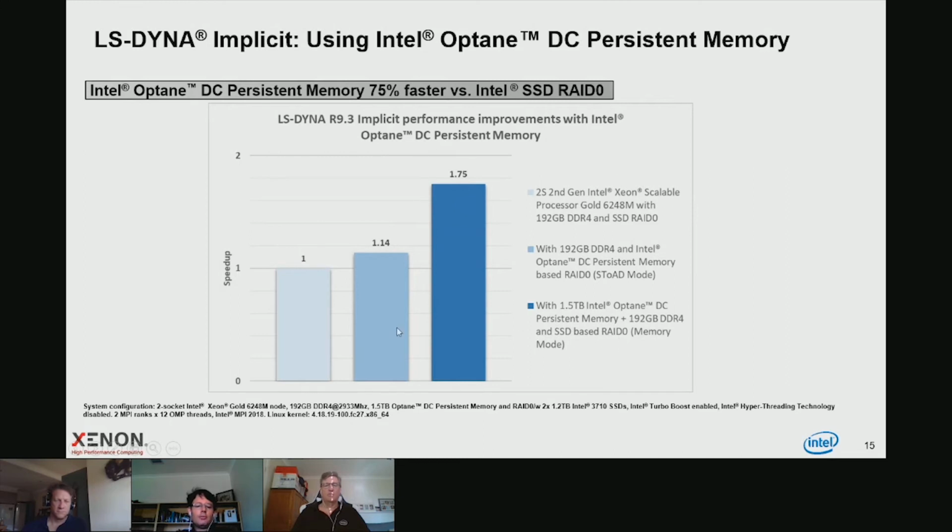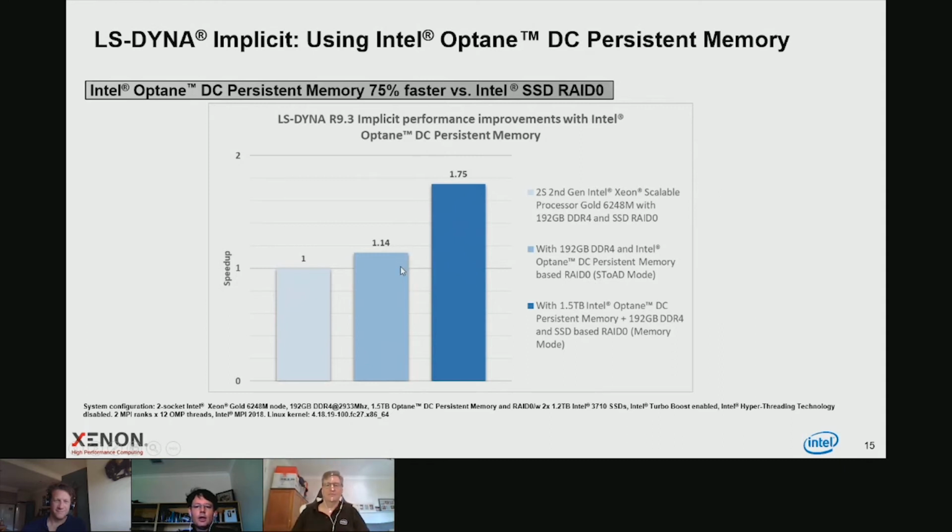And here, without going into the details of the simulation and the model itself, the striking difference is that when the Optane modules were run just in storage mode in RAID 0, essentially like fast SSDs, we get only a quite moderate speed up.